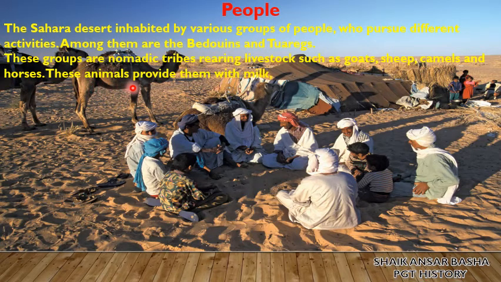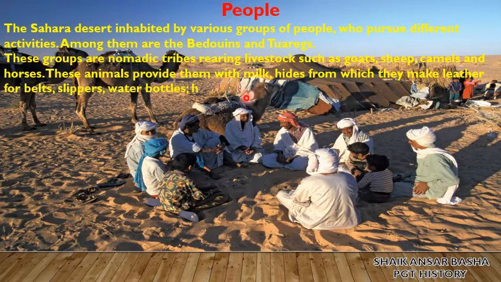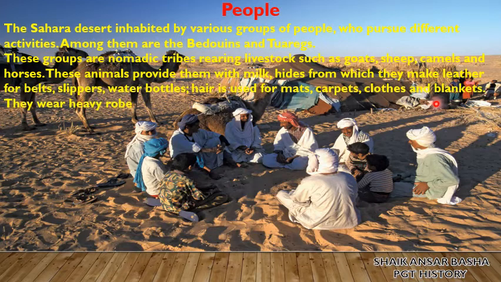These animals provide them with milk, and hides from which they make leather for belts, slippers, and water bottles. Hair is also used for mats, carpets, cloths, and blankets. They wear heavy robes to protect against dust storms and hot winds.